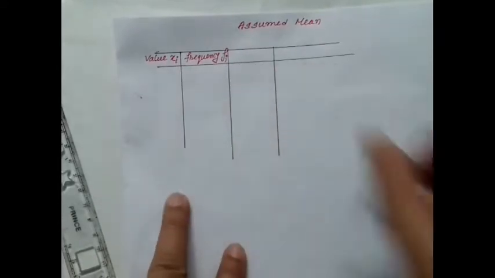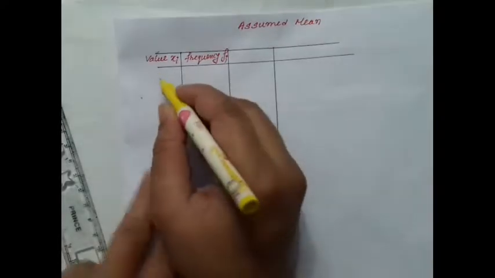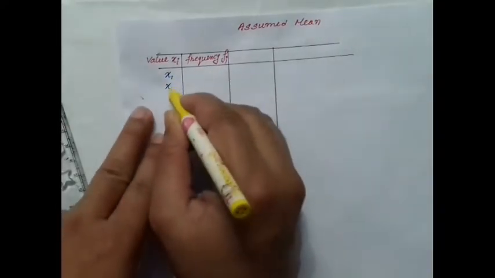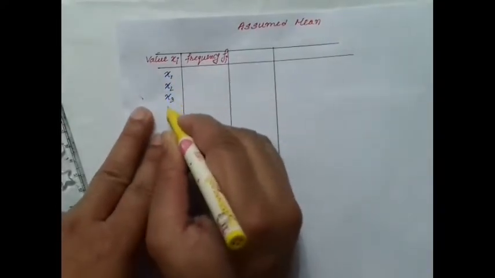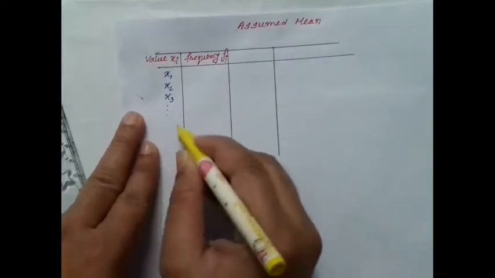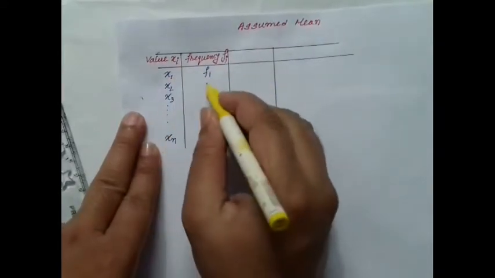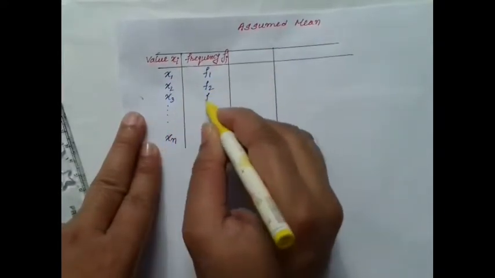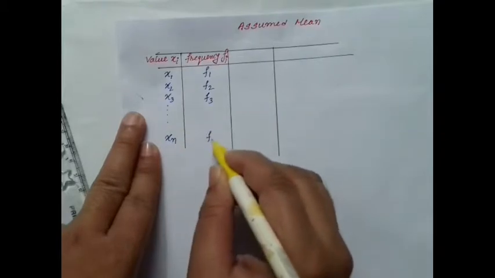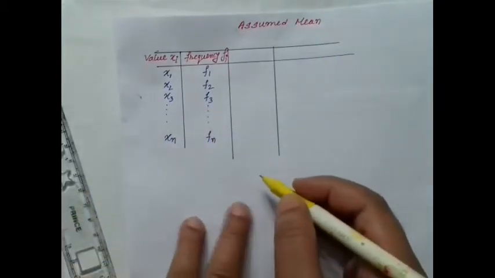At first we have to write the values x1, x2, x3, and then dot dot dot, I'm writing the last one, the value xn. And here the corresponding frequencies: x1 appears f1 times, x2 appears f2 times, x3 appears f3 times, and xn appears fn times.